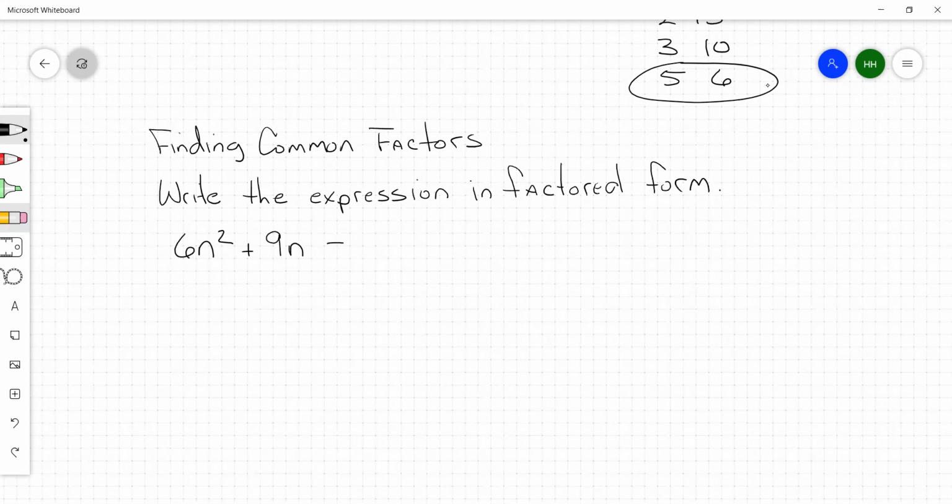All right, when we're factoring here, we're trying to pull out the greatest common factor. The first thing we're going to do is look at these numbers and find the greatest factor of 6 and 9. We're looking for the largest number that goes into 6 and 9 evenly, and that's going to be a 3.